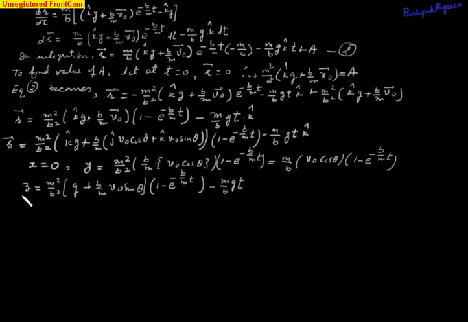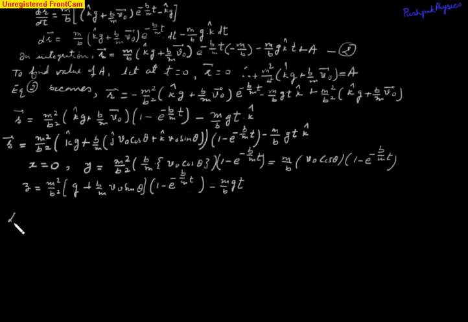Now to find the equation of trajectory, since the projectile is moving in the y and z plane, the equation should be in terms of y and z. Therefore we modify the equation of y.